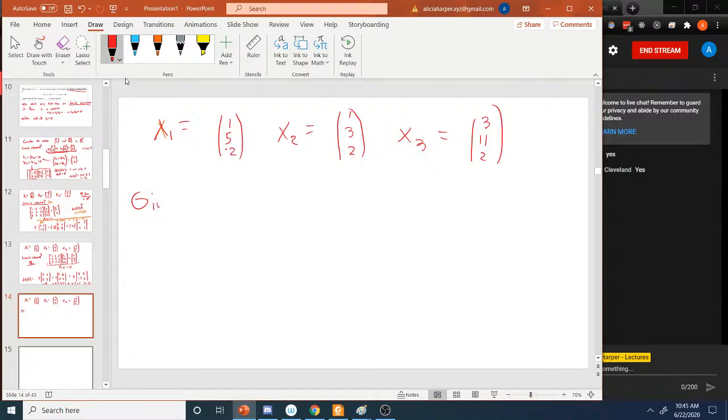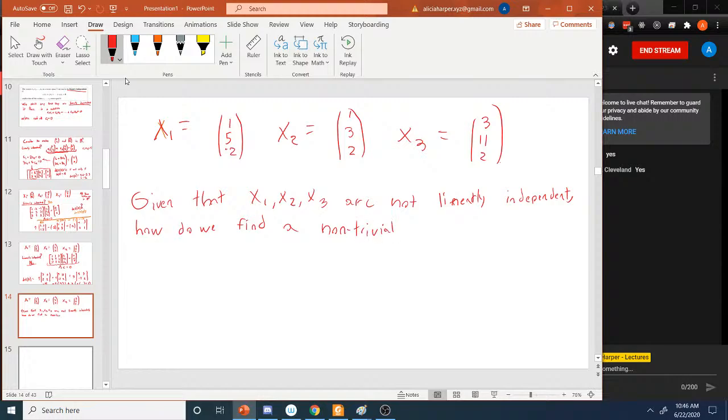Given that x1, x2, x3 are not linearly independent, how do we find a non-trivial linear combination of them equal to 0?